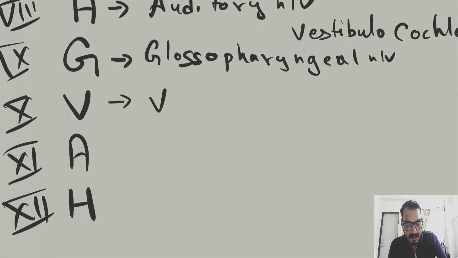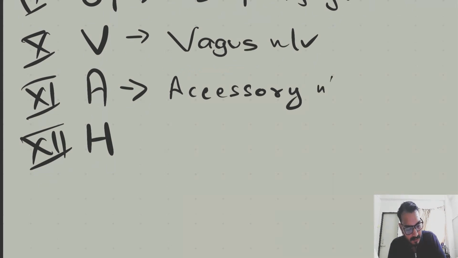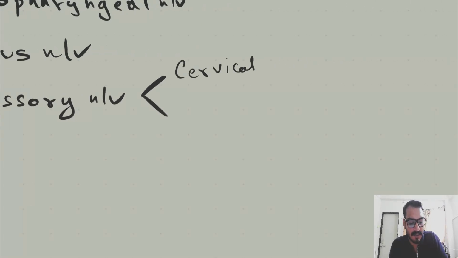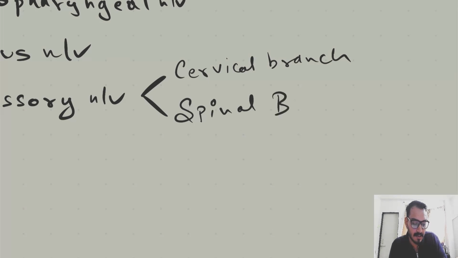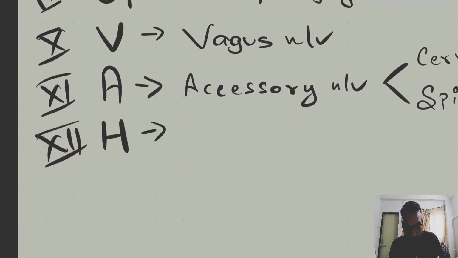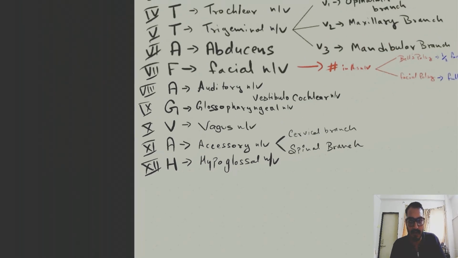Then the 10th one is the vagus nerve. Then accessory nerve. This accessory nerve has two parts. One is the cervical branch, and another one is the spinal branch. And the last is what, guys? Last one is hypoglossal nerve.